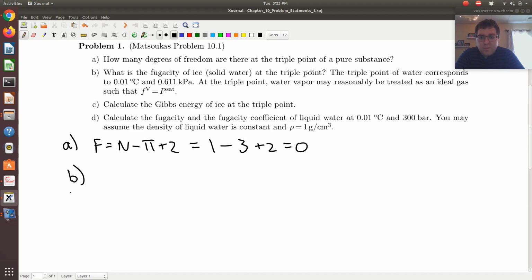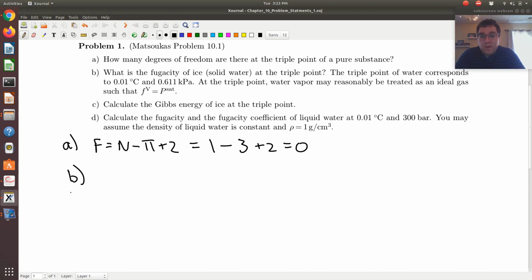And that's reasonable, because if Psat is 0.611 kilopascals, the pressure is pretty low. Remember, atmospheric pressure is 101.325 kilopascals, so that's significantly smaller than atmospheric pressure. So it should be reasonable to assume that it's an ideal gas.